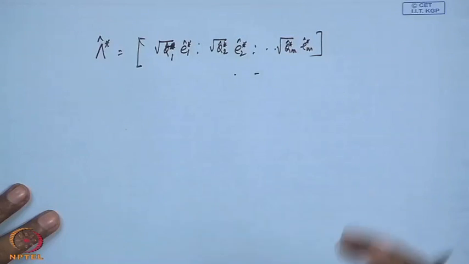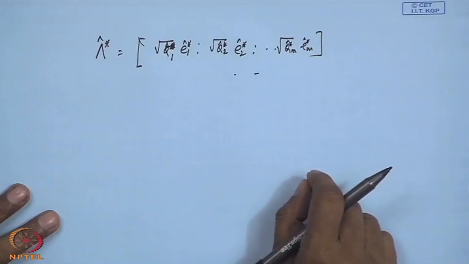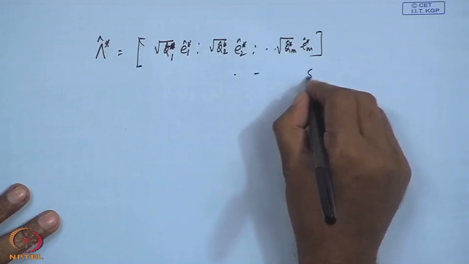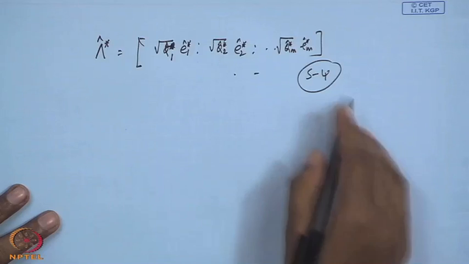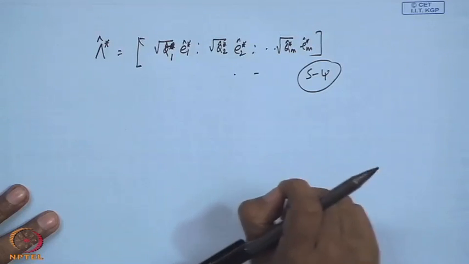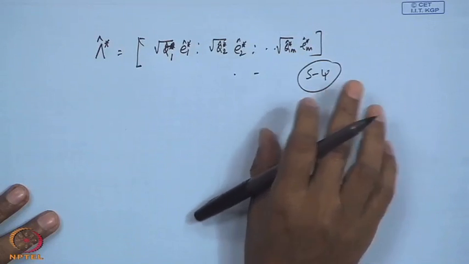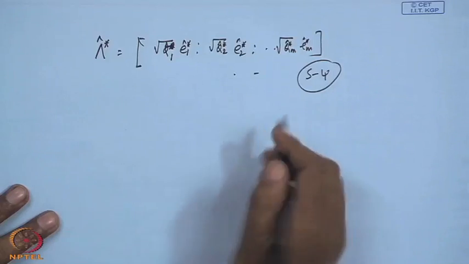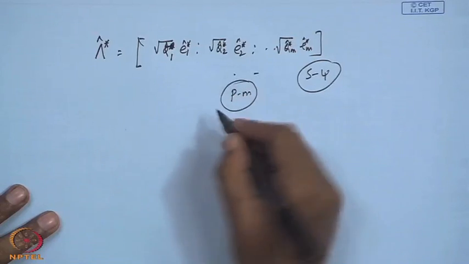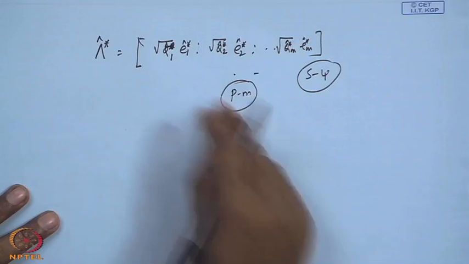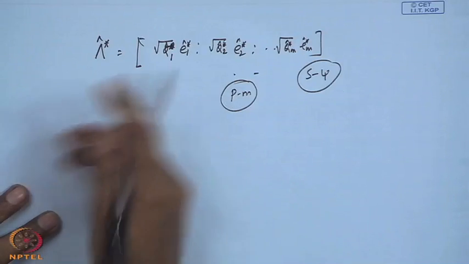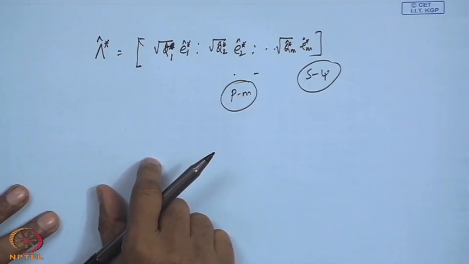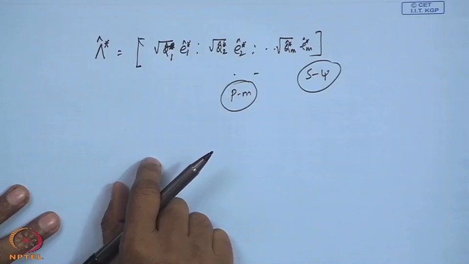You can go up to p, but essentially when there is a correlated structure, this matrix will have a rank much less than p, which you have to test. Otherwise also, the p minus m factors which we are not considering will have much less contribution in explaining the variability of the x variables. Okay.